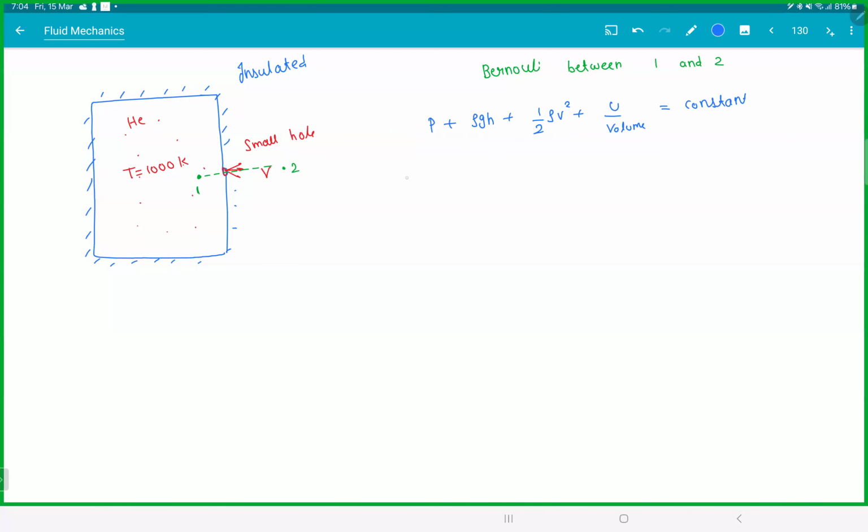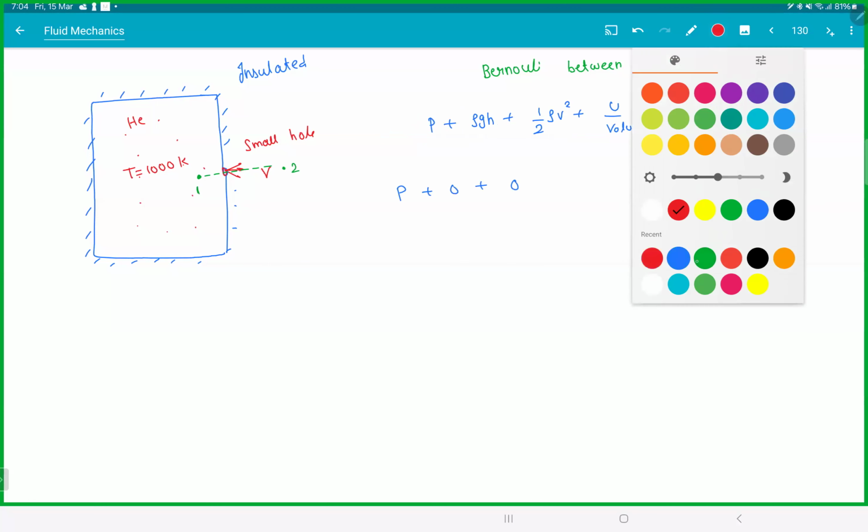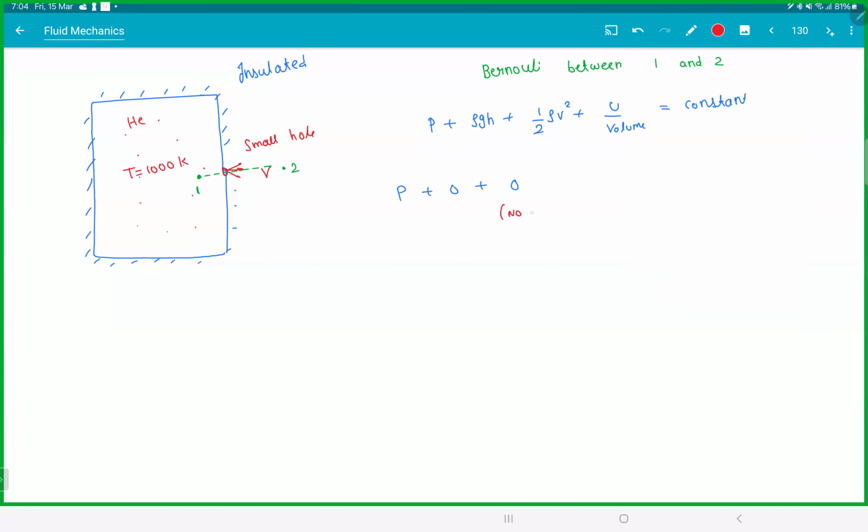So on the left hand side, pressure is P, height is 0, velocity is 0 because you neglected the flow. The internal energy is F by 2 nRT, by volume V. Height 0, since we took 1 and 2 at the same level.